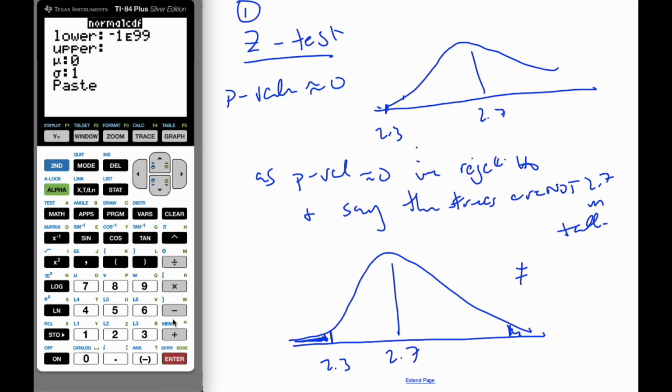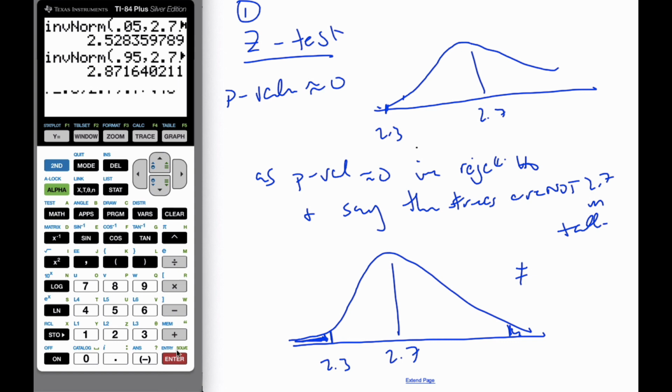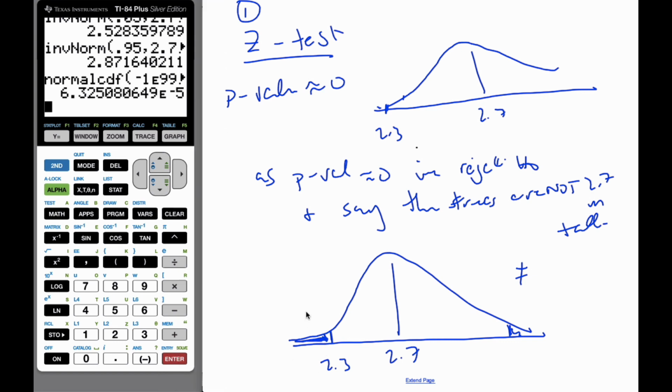My lower limit is negative infinity. My upper limit is going to be 2.3. My mu is 2.7. But here, I'm not putting n in, so I have to take care of the n myself. It's 0.7 divided by the square root of 45. So this area here is 6.32 times 10 to the minus 5.